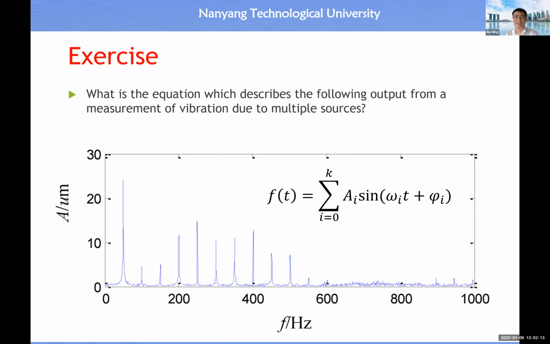And here is an exercise just for you to know how to apply the inverse Fourier transform. For example, we have a vibration sensor which outputs a time function. Then we do Fourier transform. Then we get this result about the amplitude and the frequency. Now we ask you to determine the time domain function, up to the detail about the amplitude and the frequency.